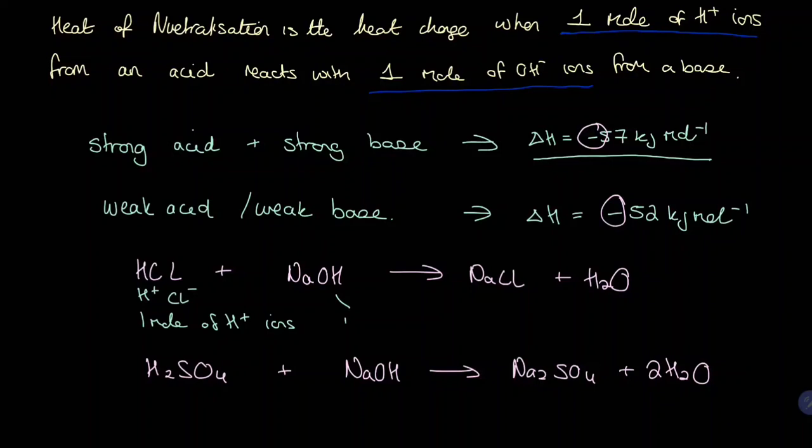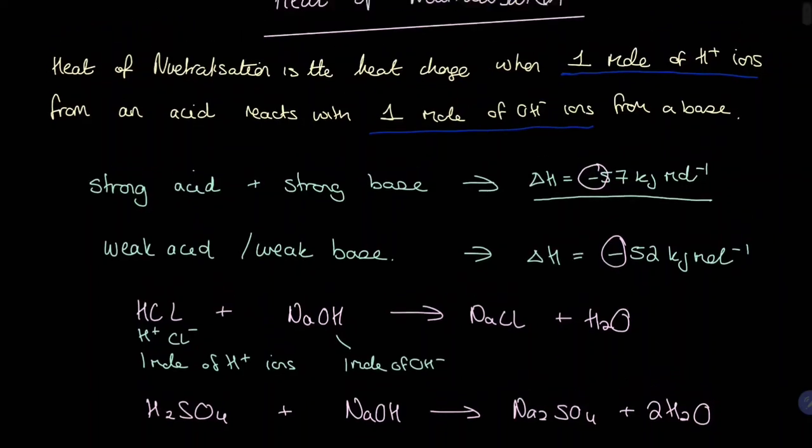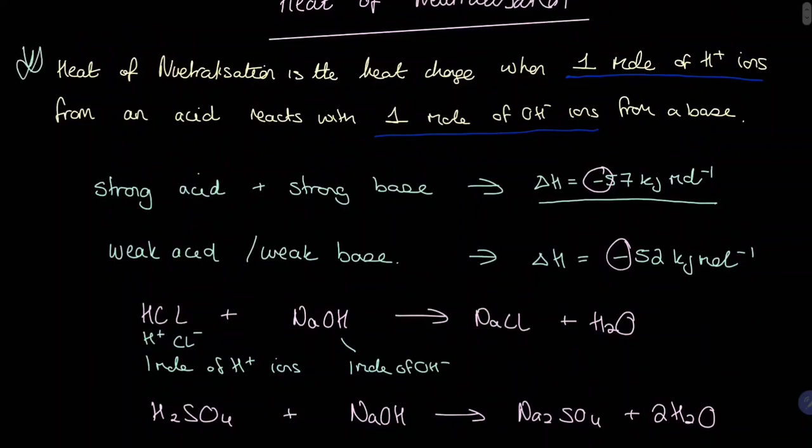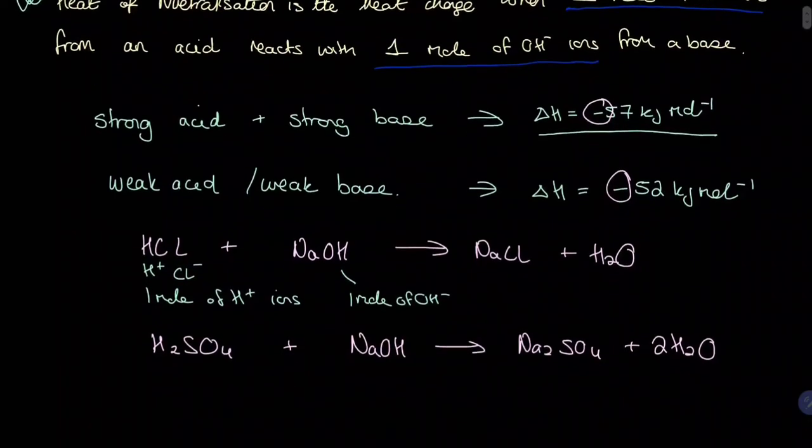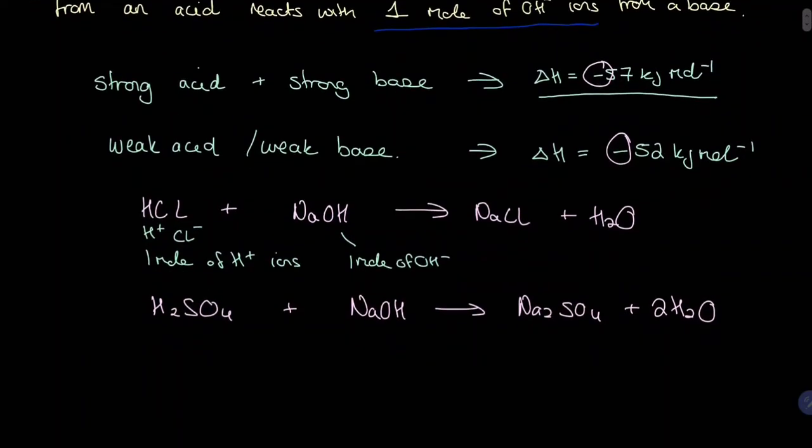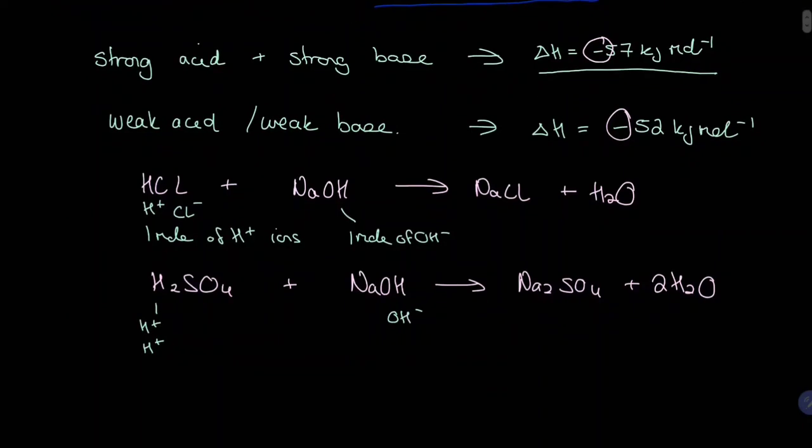And the same over here, 1 mole of OH minus ions present, which is what we needed from our definition up here. But if we look at the second one, we actually have 2 hydrogen ions and 1 OH ion here. So this is going to contain actually 2 moles of hydrogen ions in this acid.